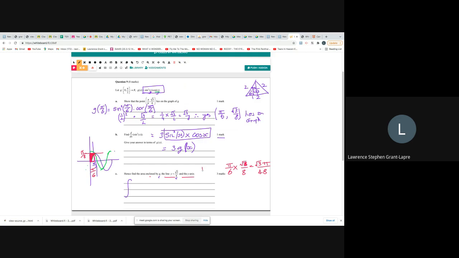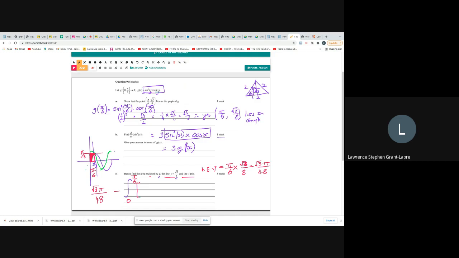That's the rectangle. And if you take out the part underneath that integrates from 0 to pi over 6, if you take that away from that area, which is root 3 pi over 48, you will have the area between the y-axis and the line.